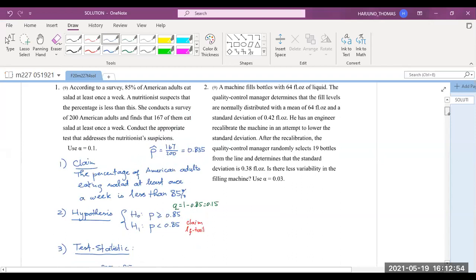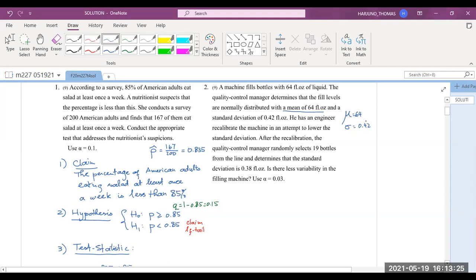Let's see number two. A machine fills bottles with 64 fluid ounces of liquid. The quality control manager determines that the fill levels are normally distributed with mean 64 and standard deviation 0.42.